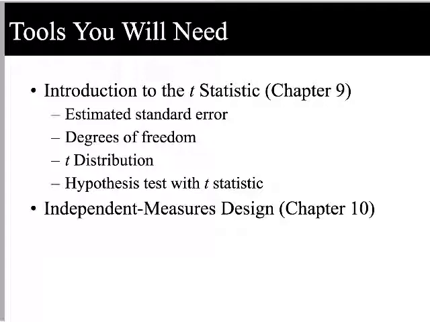All of the stuff that we learned in Chapter 9 and some of what we learned in Chapter 10 regarding the independent measures design. So we're now going to be talking about repeated measures design, which is slightly different, and I'll walk through that in just a moment.